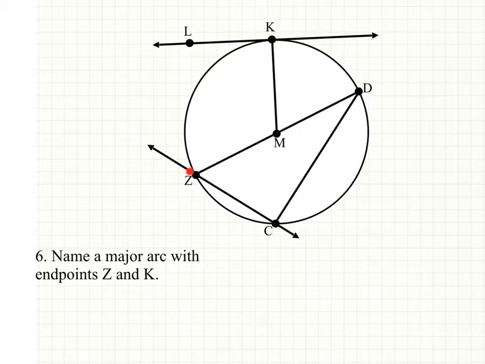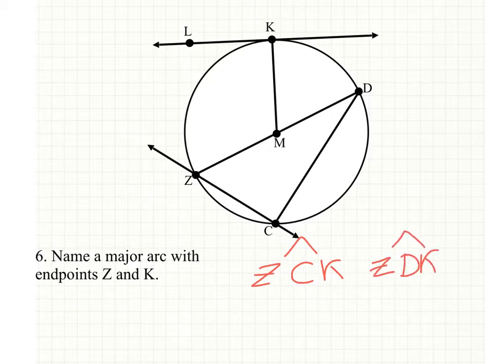I can name it as ZDK. So I named 3 different letters to name the major arc. So I can say ZCK, or the other way, KCZ, or I can say ZDK. That's a major arc, and the other way too, KDZ.